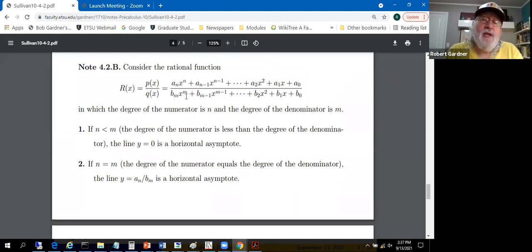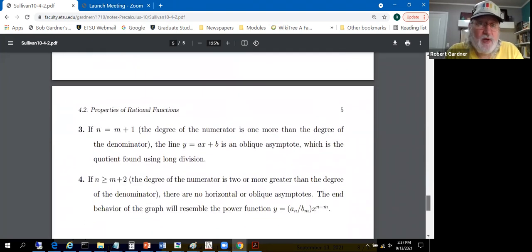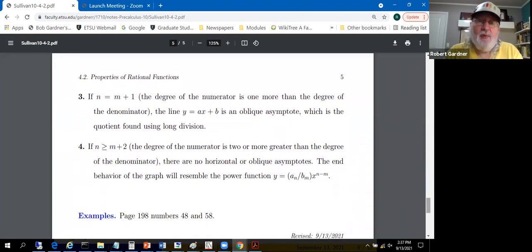The numerator is 1 degree higher than the denominator, in a rational function, this conversation only applying to rational functions. In that case, we get an oblique asymptote, y equals ax plus b. This oblique asymptote can be found using long division. We'll illustrate that, actually doing the division and seeing what line results. We'll have a line and a remainder when we do the long division. The line part will give us the asymptote.